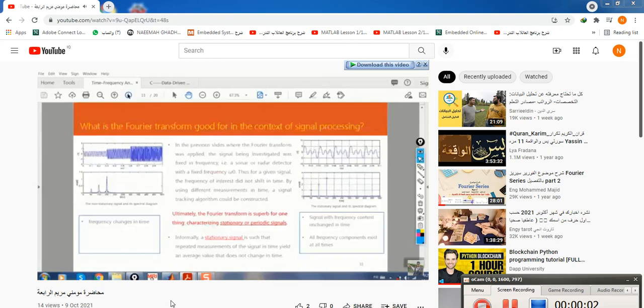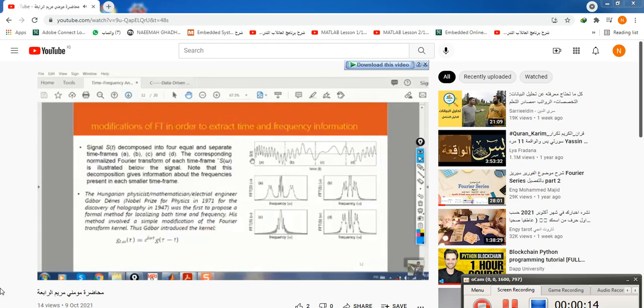They also said about the stationary and non-stationary signal, the differences, and the application of Fourier transform in this field.